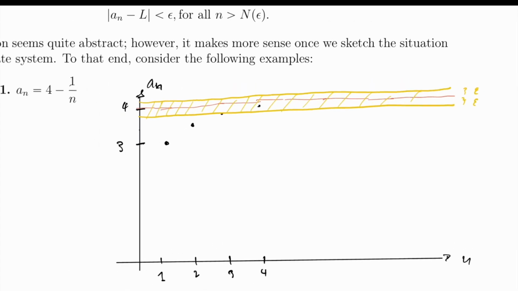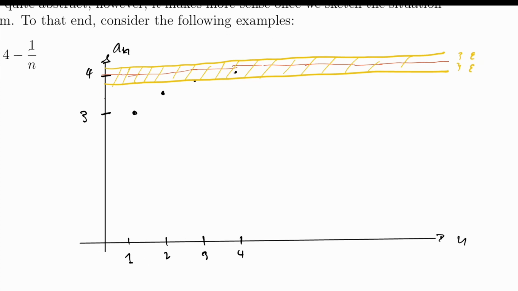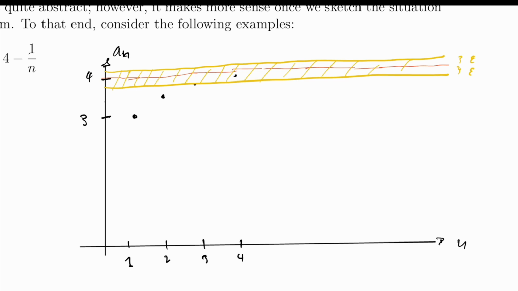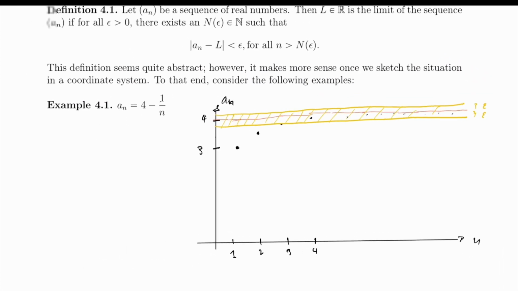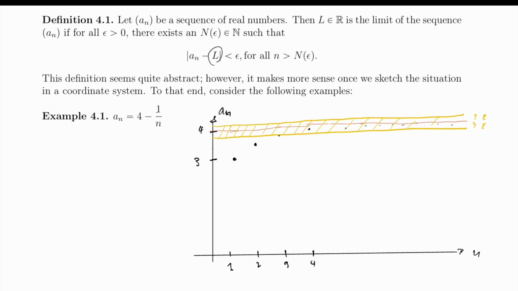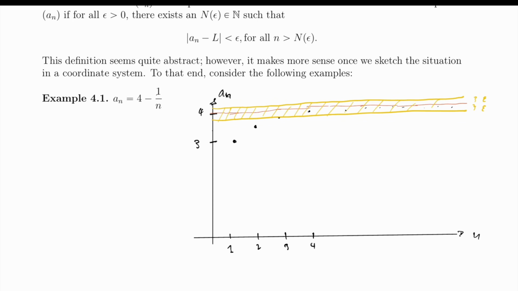The notion of when 4 actually is the limit of the sequence is this: whenever you can make this epsilon band arbitrarily small, and no matter how small you make it, there is a threshold where from some element onwards all the other elements are contained within the epsilon band, then the limit exists and it is equal to L. Here in our example, L would be 4, and a_n would be this one here.